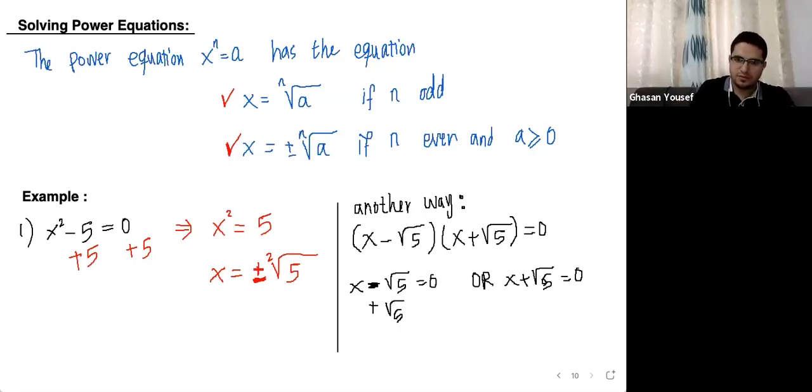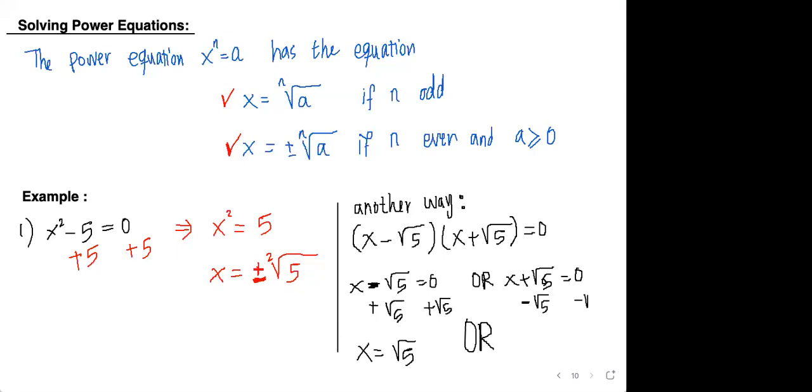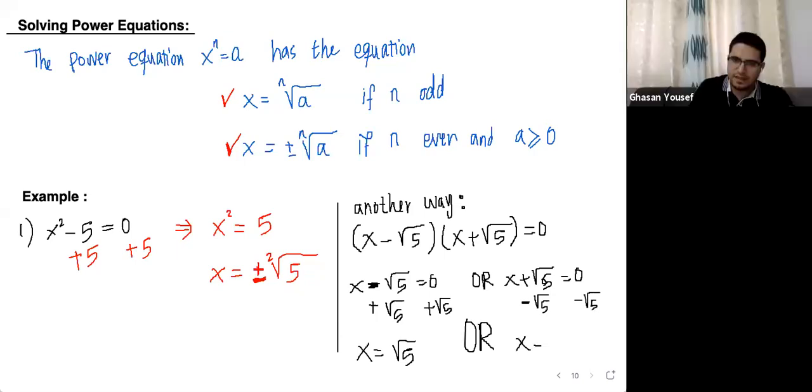I get x equal square root of 5, or I subtract square root of 5 from both sides, so I get x equal the minus square root of 5. The same answer: x equal the positive square root of 5, or x equal the minus square root of 5. This is another way to solve this equation.